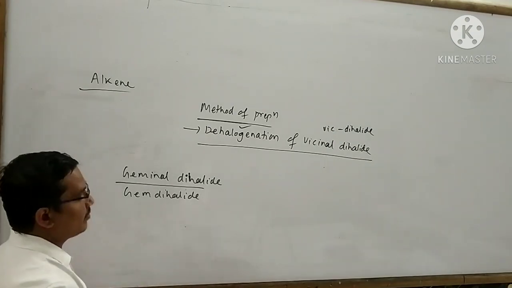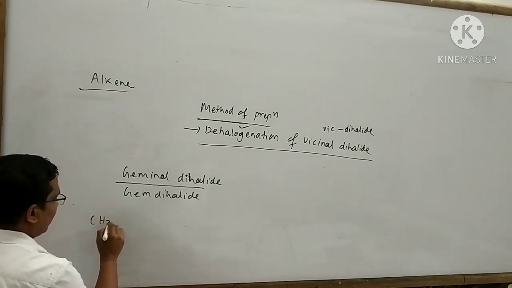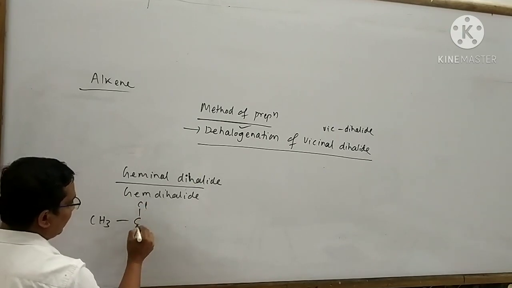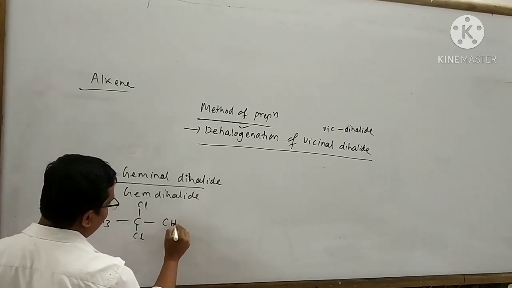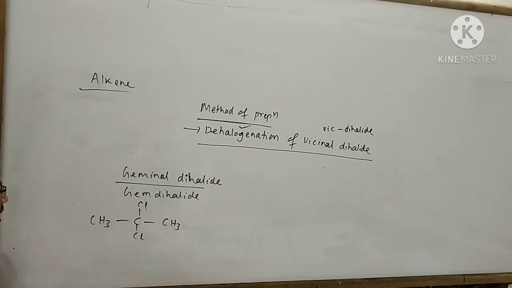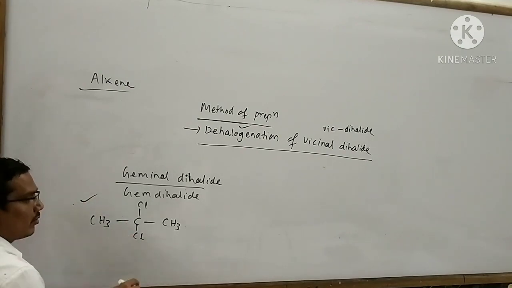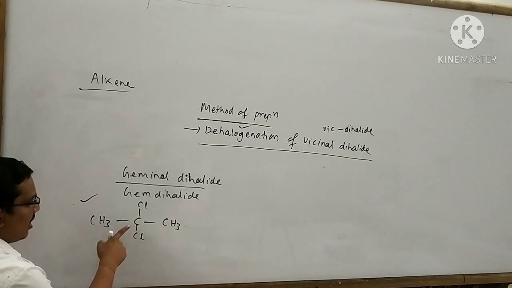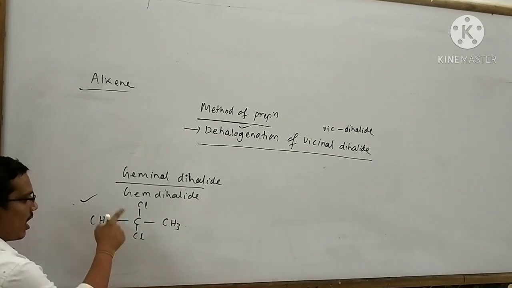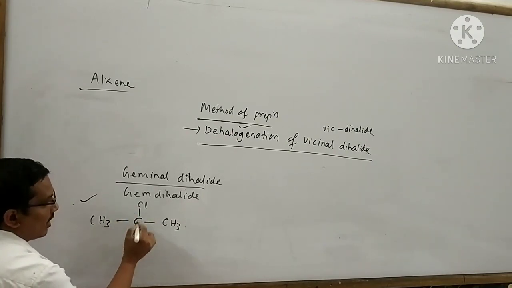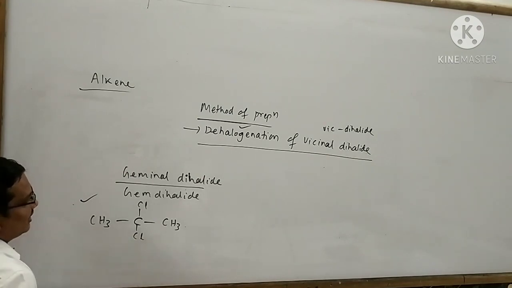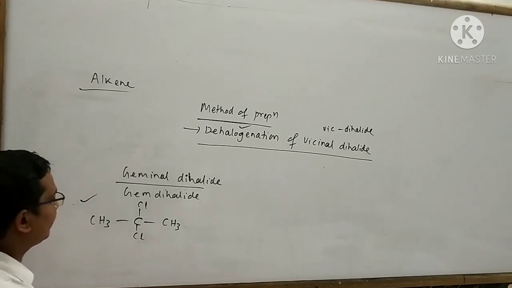Take an example of geminal dihalide: CH3-CCl2-CH3. In this compound, two chlorine atoms are attached to a single carbon atom. So this is said to be geminal dihalide.